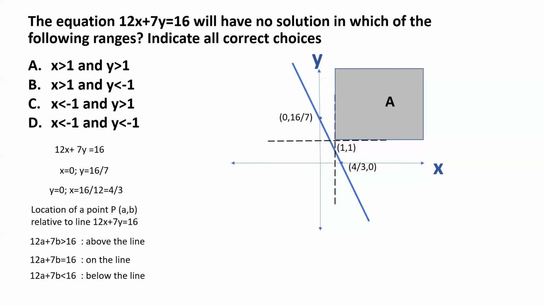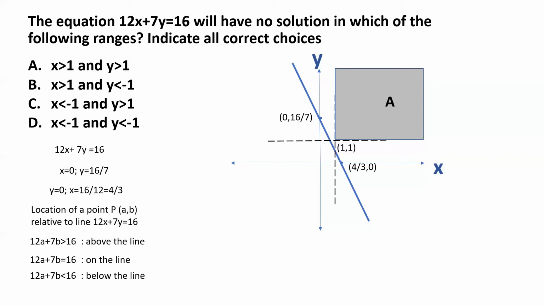That means there is no solution to this equation in zone A. If there were a solution, some portion of the line would have to pass through that zone, but it's clear from the diagram that's not the case for zone A.